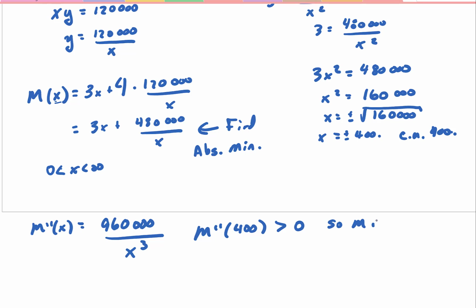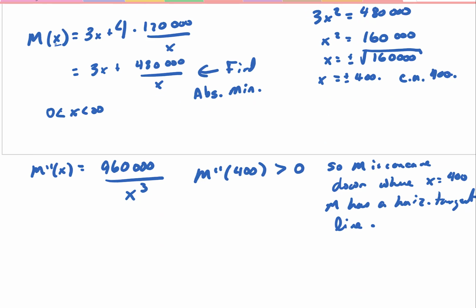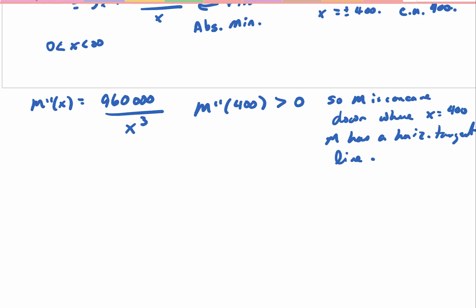So that tells us M is concave down where M has a horizontal tangent line. And let me add, it's concave down where x was equal to 400, which is also where M had a horizontal tangent line. So this part's really important, folks. This is where we're utilizing that second derivative test.